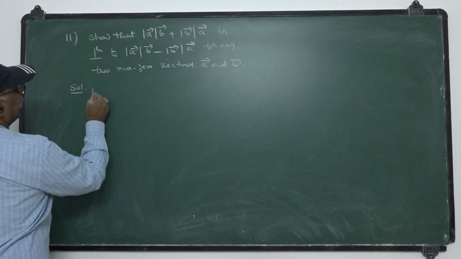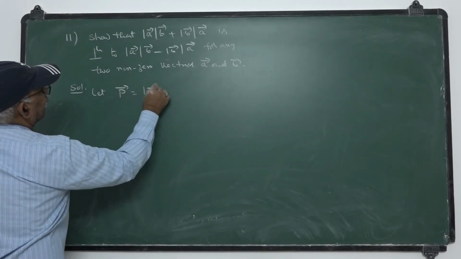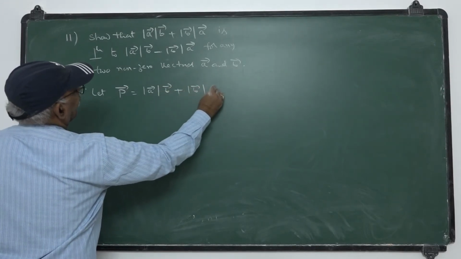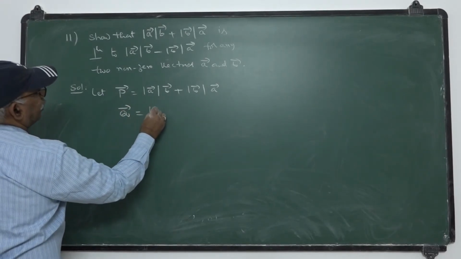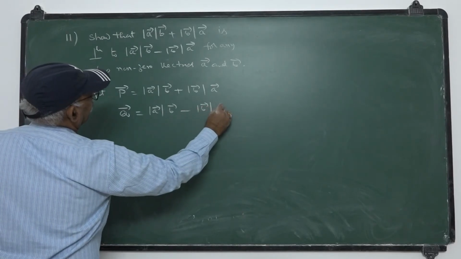Let the vectors be: capital P bar is mod A bar B bar plus mod B bar A bar, and Q bar is mod A bar B bar minus mod B bar A bar.